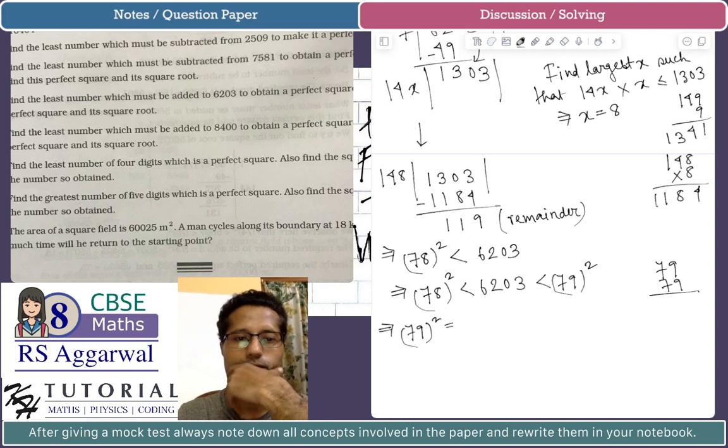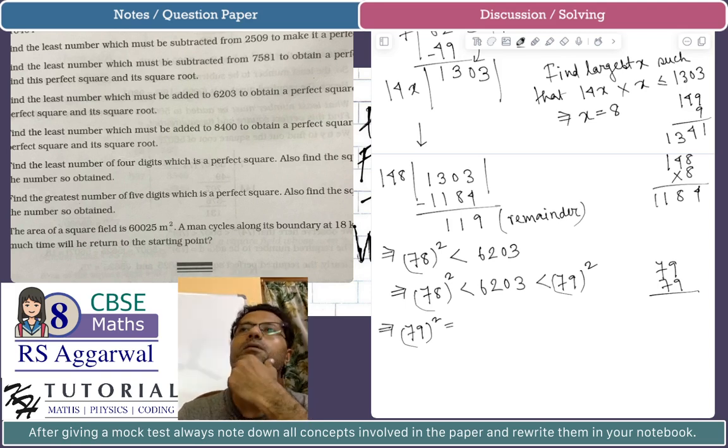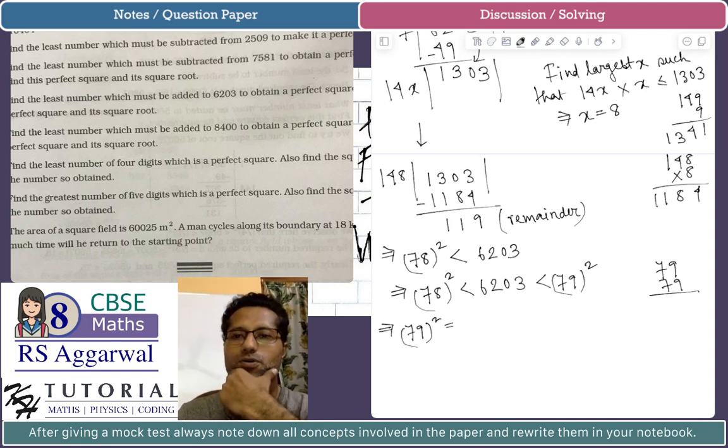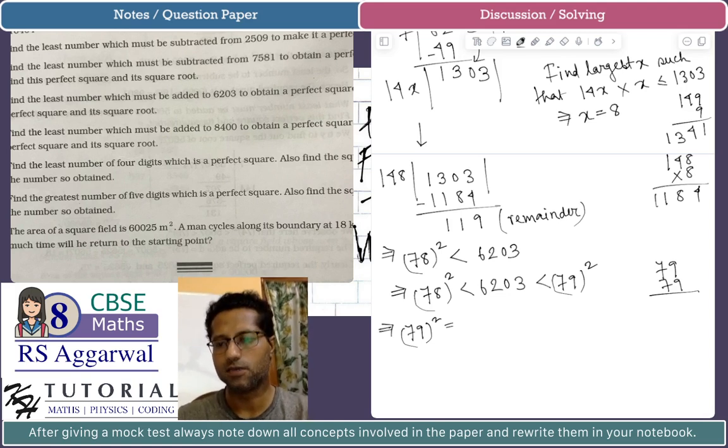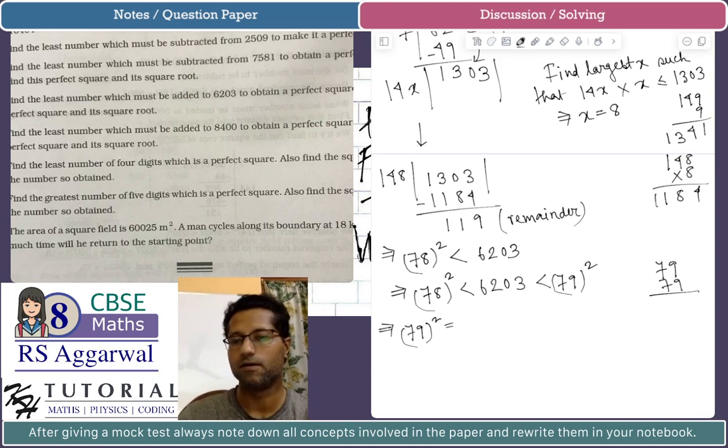I forgot. There was some shortcut method like using the formula of (a plus b) whole square. For this problem, you can just multiply 79 with 79, but if you remember the shortcut methods of squaring a number, that will be a wise way of solving it. So anyway, I am doing it, 79. Okay, let's see.